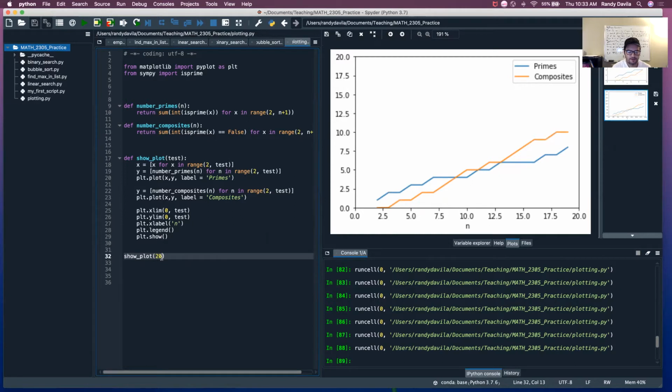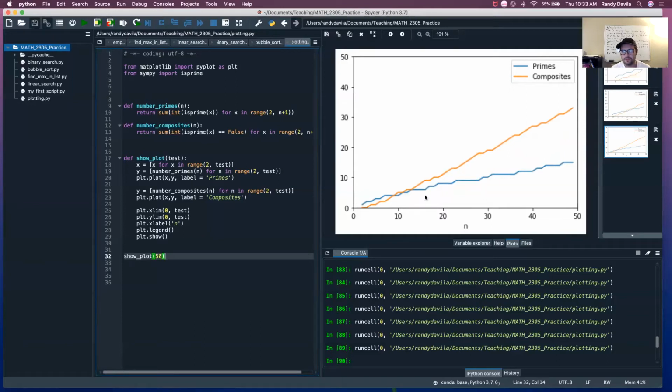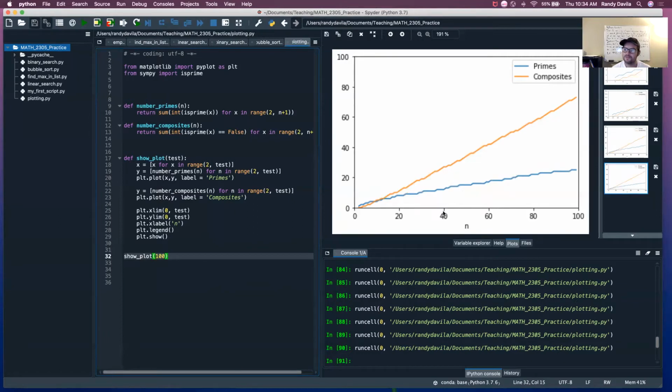What about if we go up to 50? We see the number of primes is kind of dying off. What about up to 100? Still, the number of primes is dying off, and the number of composites is growing.